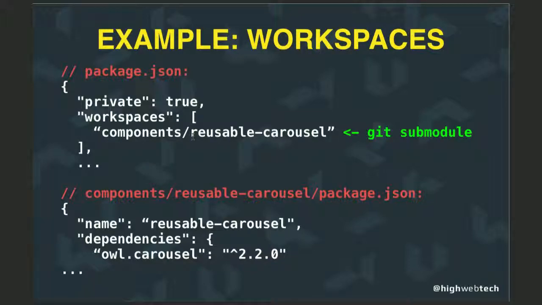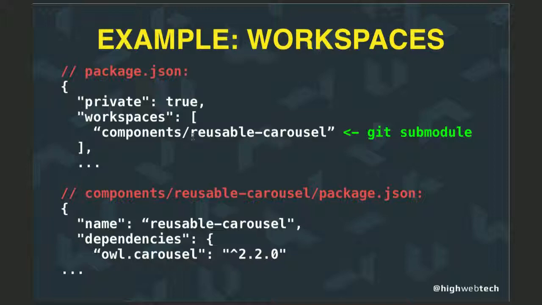But the difference is, if you change the code in these folders, Yarn will detect everything automatically and will resolve dependencies. And this is cool for us because we can continue to work on these components without reinstalling them over and over again. So this is kind of a repository inside a repository for Yarn.